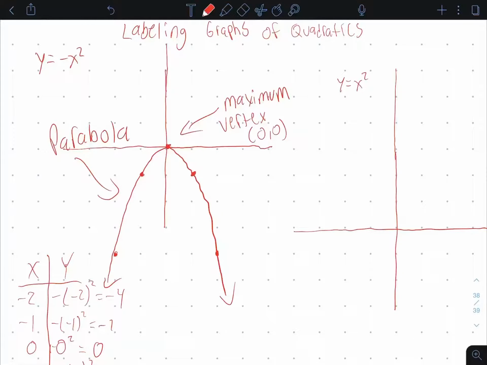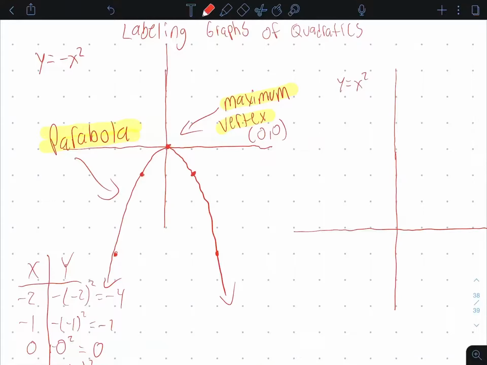The vertex is a really important word when talking about quadratics. That's ugly. Let's use yellow. Vertex is an important word. Maximum or minimum is important. Parabola is the vocabulary word that you'll see in your word problems sometimes.